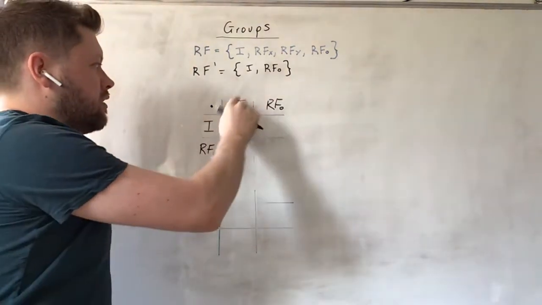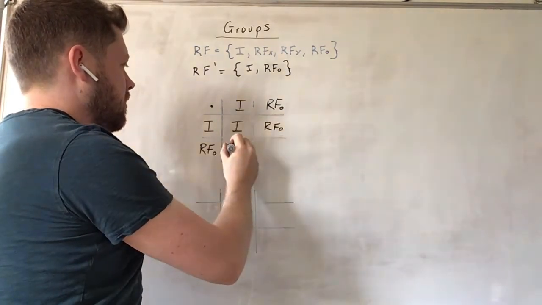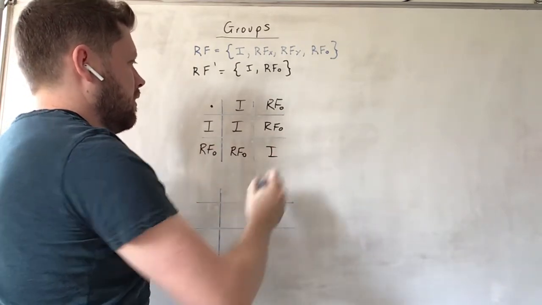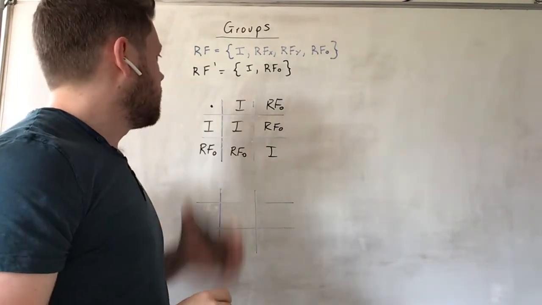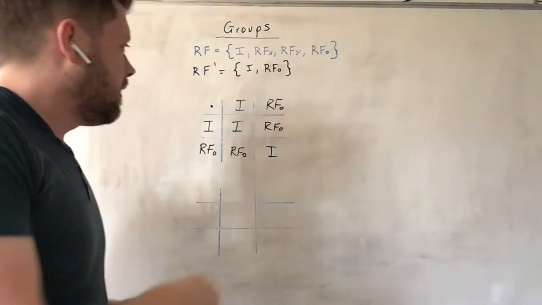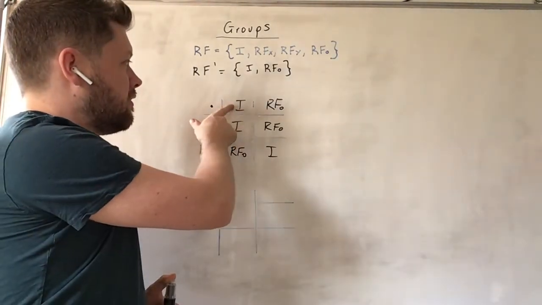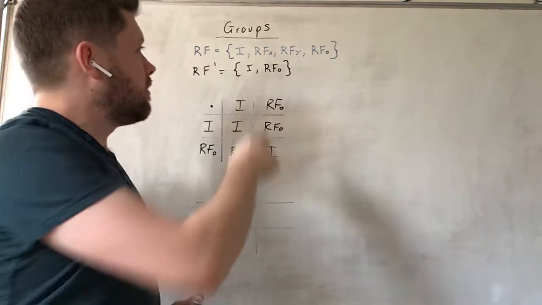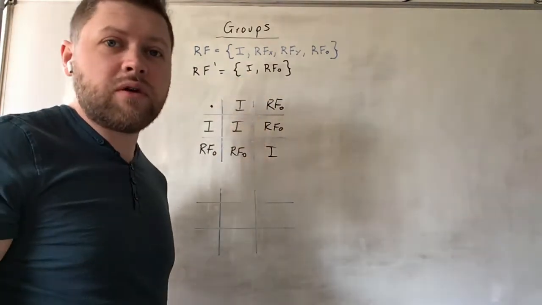So I times I is I, I times RF0 is RF0, RF0 times I is RF0, and RF0 times RF0 is I. So it is closed under this binary operator. As we saw last time, all of the other conditions for a group are also satisfied. There is an identity, they're their own inverse, and it is associative. So this subset is also a subgroup.